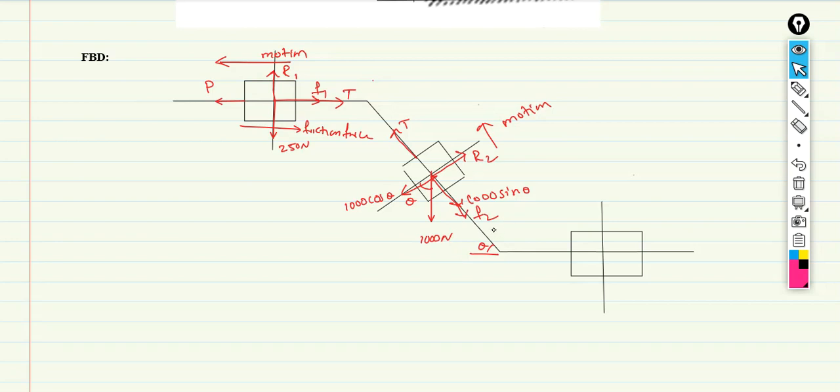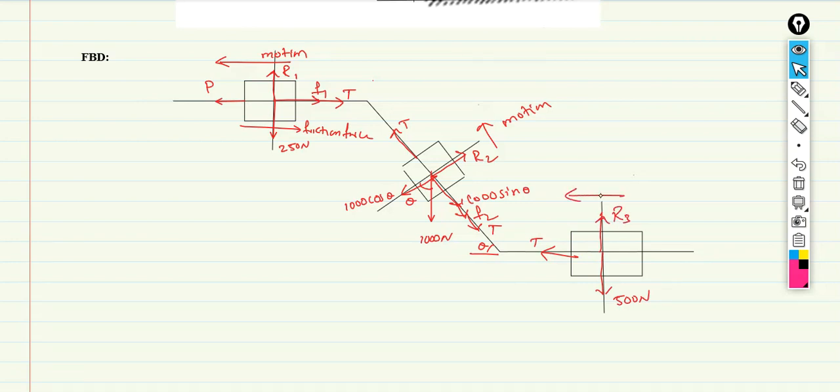So coming to the tension, these two blocks are connected to each other. Definitely tension T will be developed between the two blocks, right? So that is T, and weight always acts vertically downward, that is 500 newtons acting downwards, and the reaction is acting upwards, that is R3.